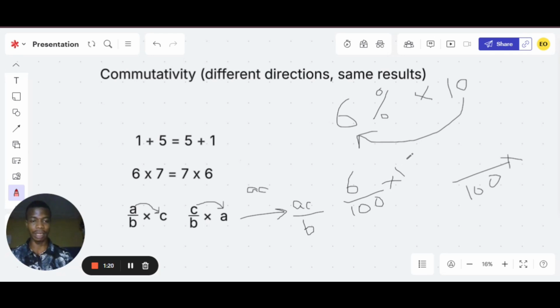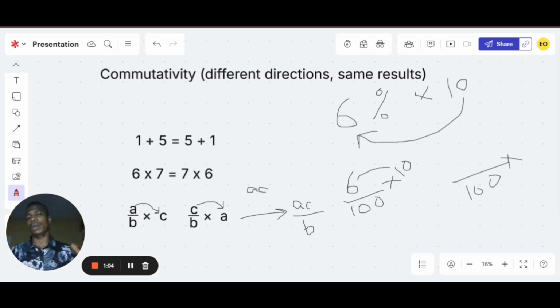Which is basically going to give you 6 times 10 is 60. So this is going to give you 60 over 100. Now, if you did 10% of 6, you're going to have 10 over 100 times 6, which will still give you the same 60 over 100.